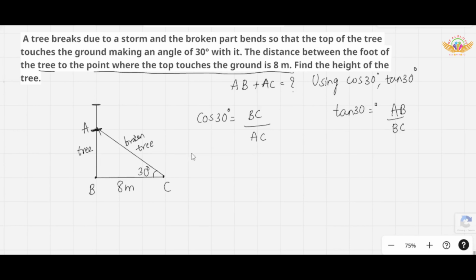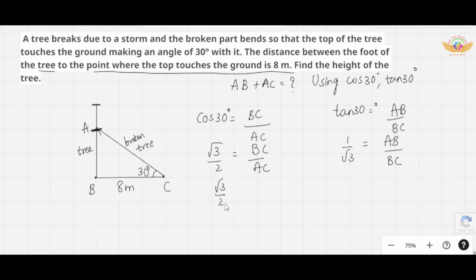Done. So cos 30 is root 3 by 2 is equal to BC by AC. Here tan 30 is 1 by root 3. AB is nothing, we don't know. Also by BC. So BC value is what here? 8 meters. So let us write BC as 8.